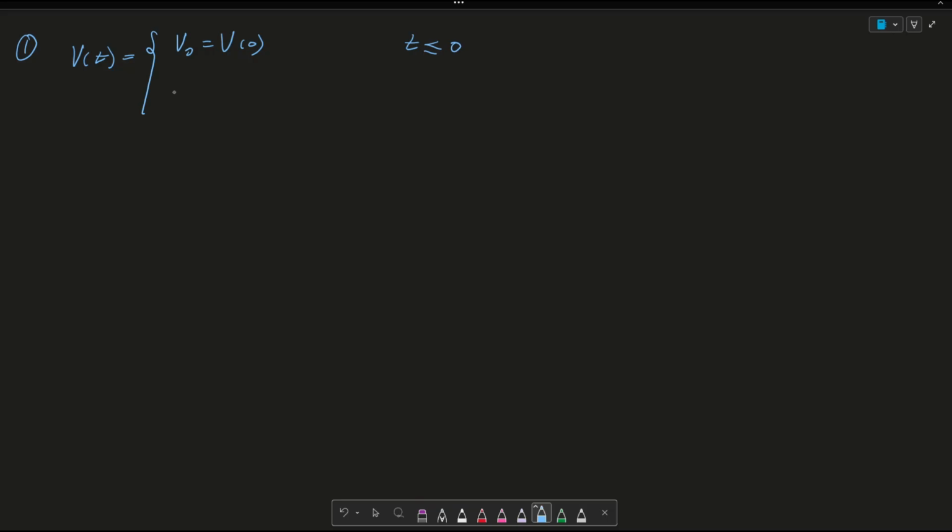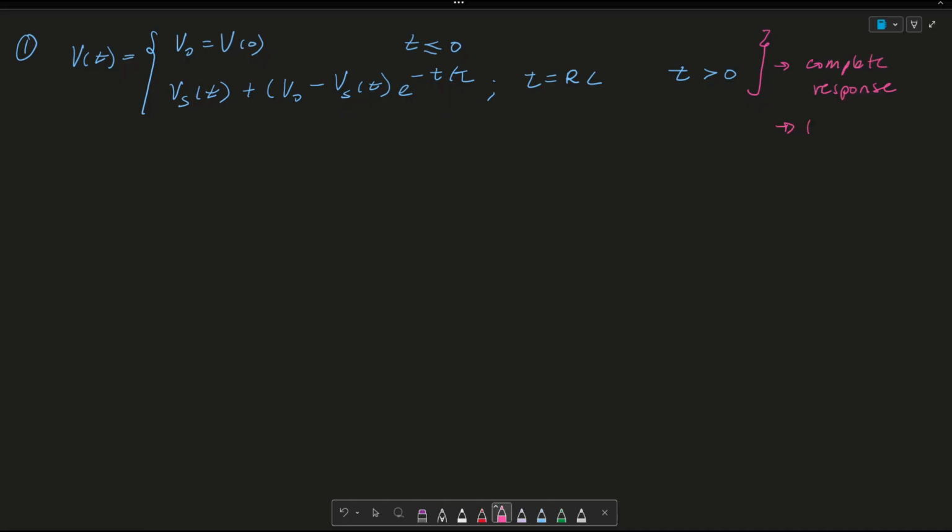And then we can say that V of t is equal to Vs of t plus V0 minus Vs of t times e to the minus t over tau, where tau is equal to RC, my time constant, and this is for t greater than 0. And this is what we refer to as our complete response, or our total response in some books, of the RC circuit to a sudden application of a DC voltage source.